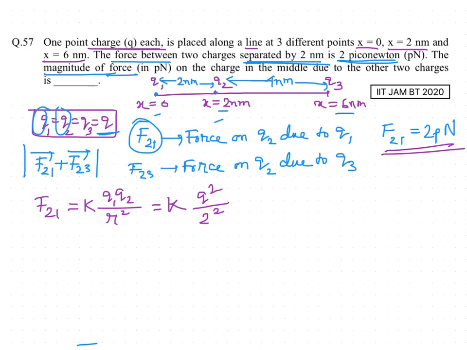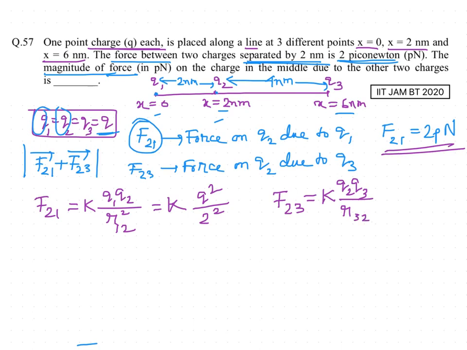And the force on Q2 due to Q3, what's that? F23, right? F23 is equal to K Q2 Q3 divided by R square. If the distance between Q1 and Q2 is R12, then this is R32.